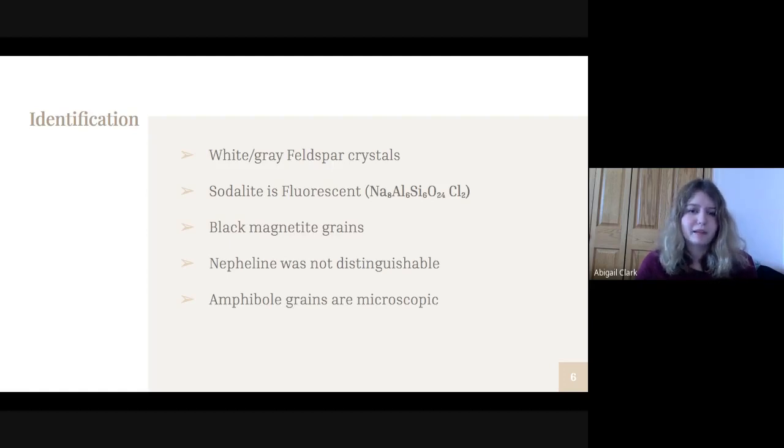There are black magnetite grains, which were easy to identify in hand sample, but the nepheline and the sodalite and some of the feldspar just became a bluish gray color, and you couldn't tell which crystal you were looking at. And there are very few amphibole grains in this rock, and you cannot see them in hand sample.